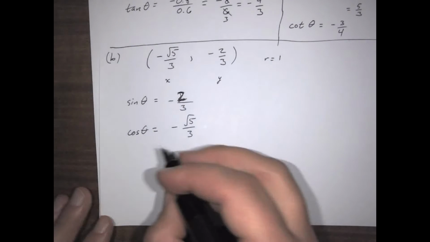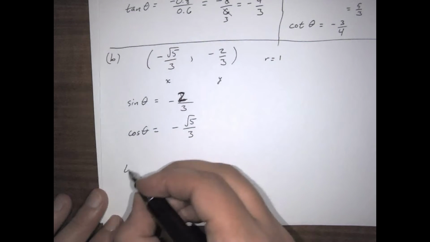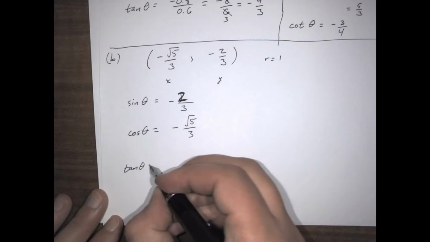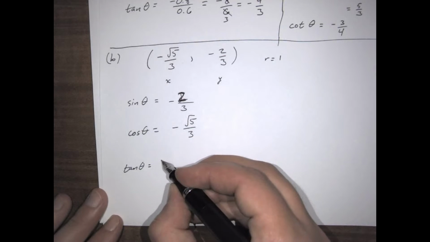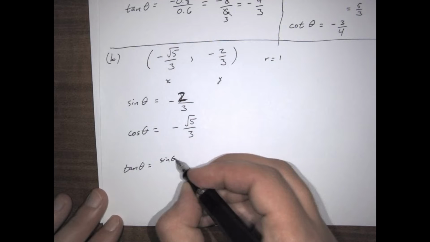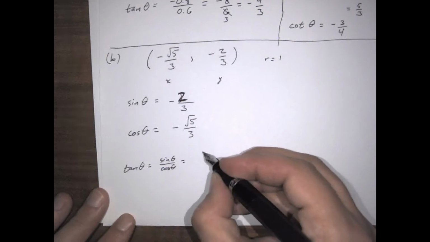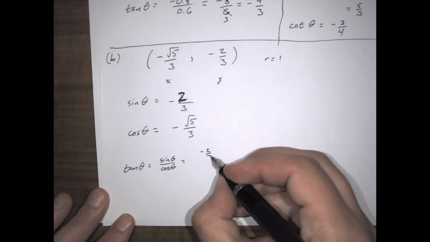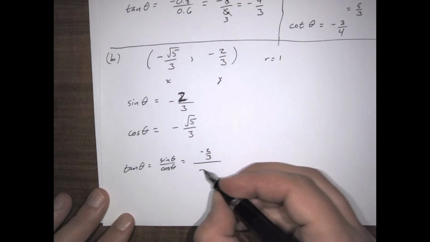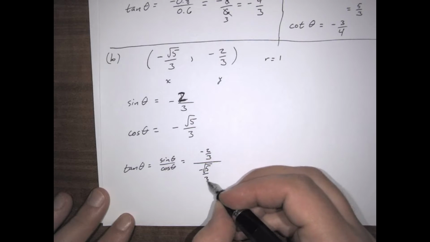Now, when we get to the tangent, let's remember we can write that as sine theta over cosine theta. So what is that? That's negative 2/3 all over negative √5/3.